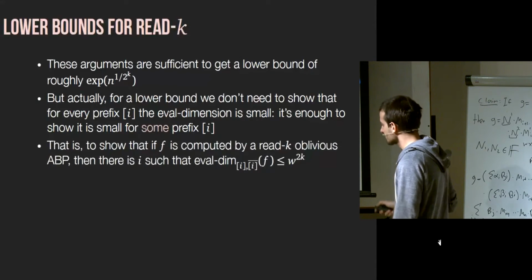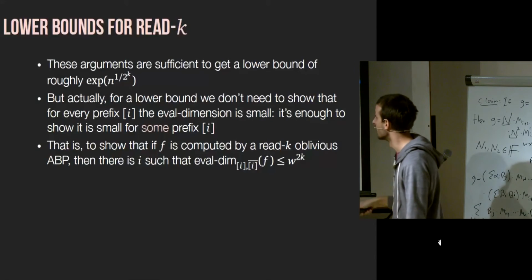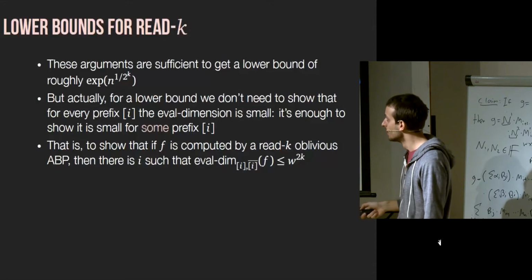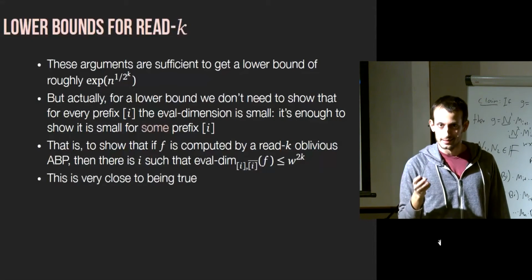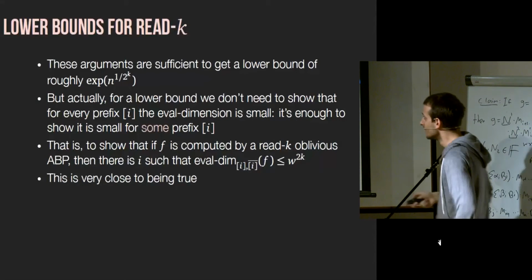So, what we want to show is that if f is computed by a read k oblivious ABP, we can find some prefix, 1 through i, such that the evaluation dimension is at most w to the 2 to the k. Okay, this is not quite true, but it is also not a very big lie. This is very close to being true.